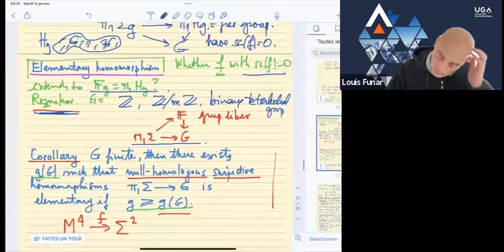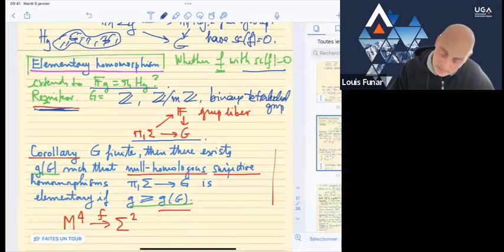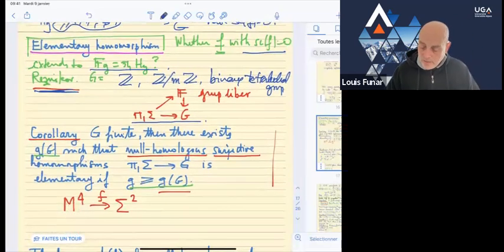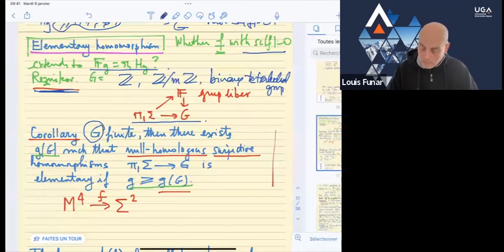So for the moment, what we know is that if the group G is finite, there exists some genus such that for any fixed group G, every null homologous surjective homomorphism from pi1 into G is elementary for genus which is large enough.